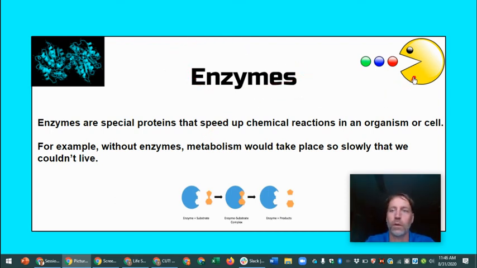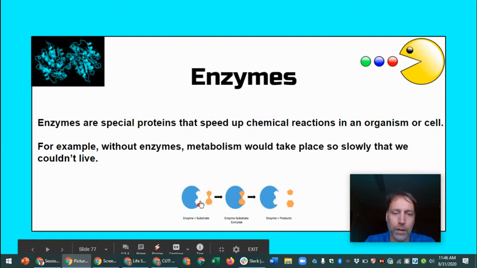So enzymes look like little Pac-Man. So here's a shape of an enzyme, and it attaches to what's called a substrate, and then it breaks that substrate apart. So I want you to think, this is a chemical reaction here. The enzyme will attach itself to it, speed up that chemical reaction, and break it into smaller pieces. So imagine this is a piece of food that is broken down in your stomach or in your digestive system.